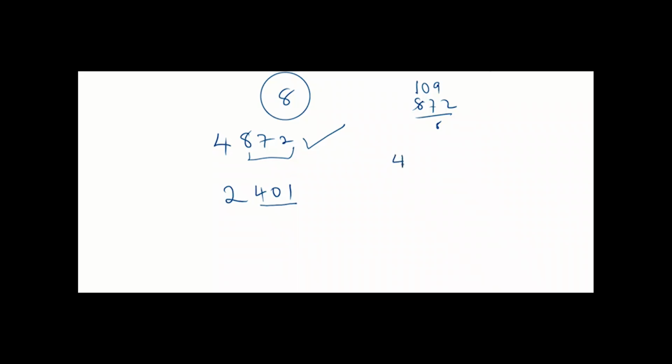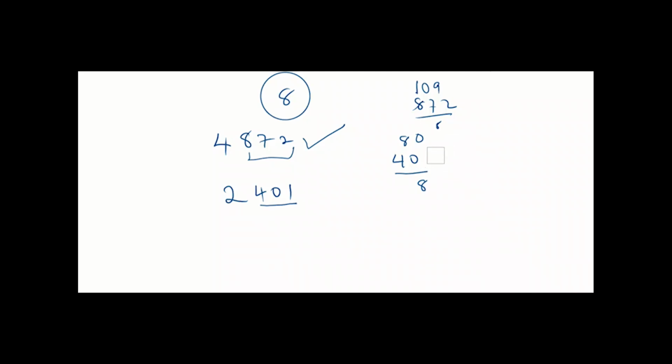You have 401 divided by 8. 8 goes in 4, not possible, so you pick 40. 8 goes in 40 five times, no remainder. 8 goes in 1 zero times, not possible. Then you add 0 here, making 10. 8 goes in 10 once, with a remainder of 2. So this will not be enough.